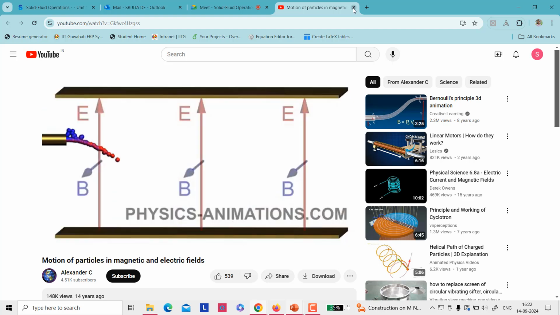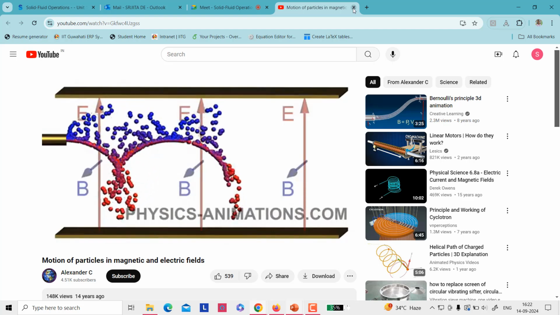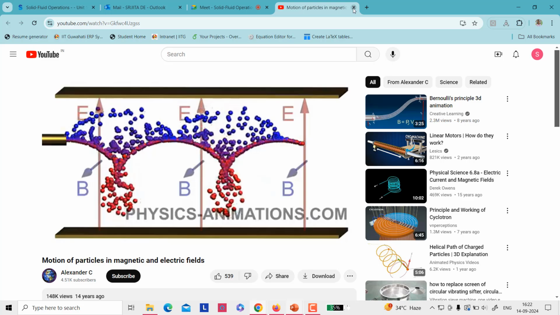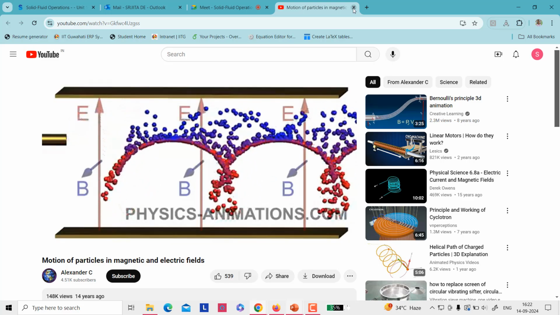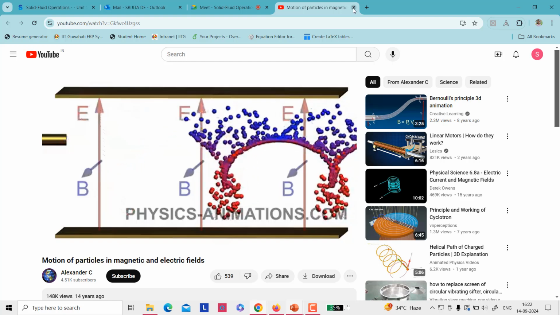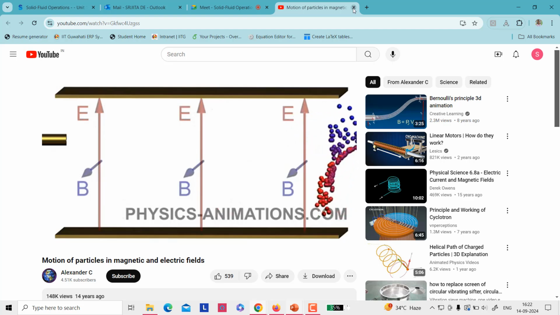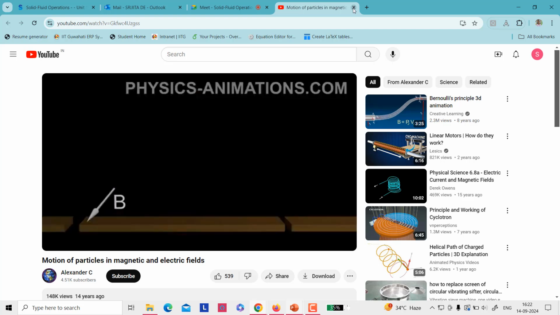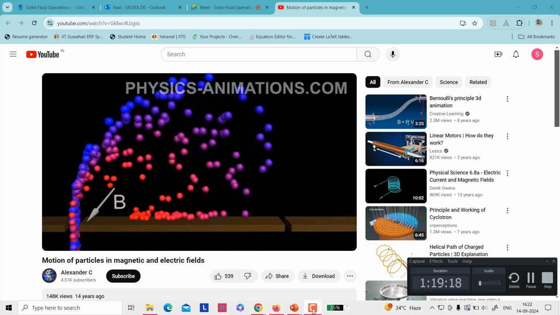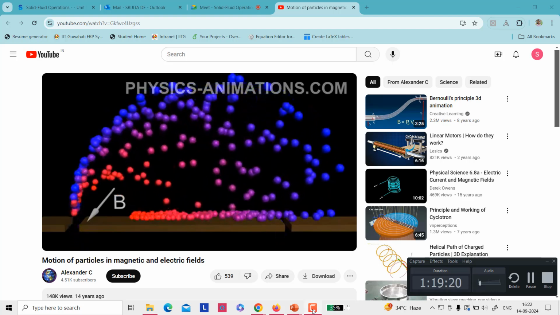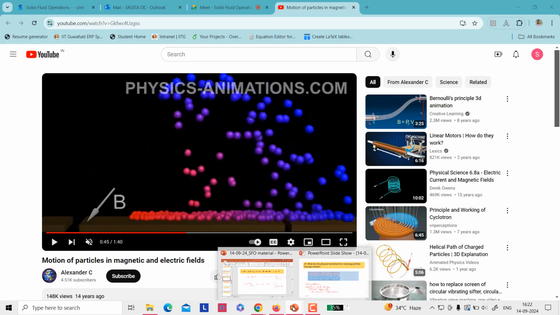You can see how particles are moving under the effect of electric and magnetic fields. So this is the effect of the magnetic field. This is how it will go.